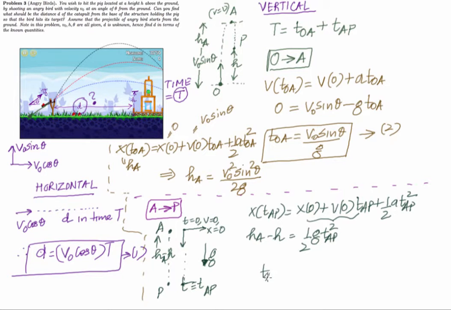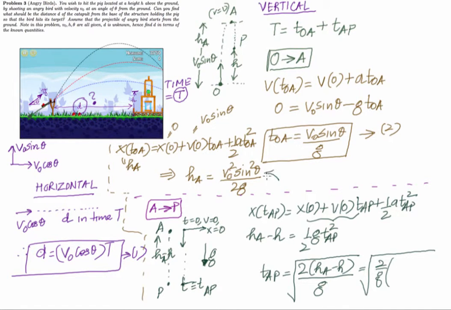So now we get TAP equal to the square root of 2 times HA minus h by g, which can be further simplified as square root of 2 by g times v0 square sin square theta by 2g minus h, and we call this equation 3. Call this the fourth equation too, because this will also be handy.